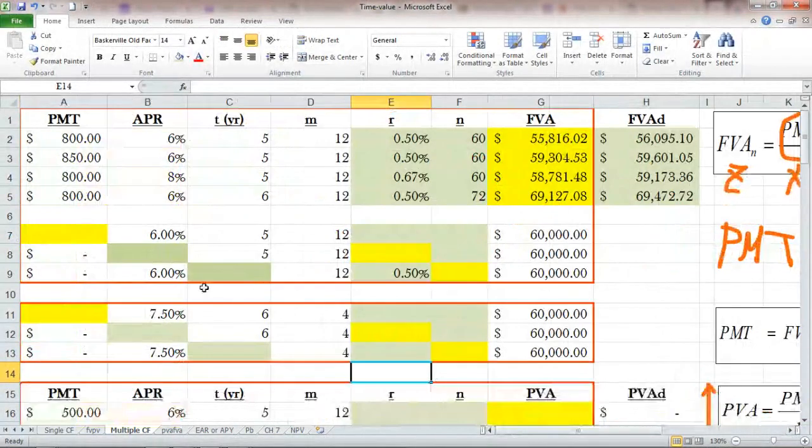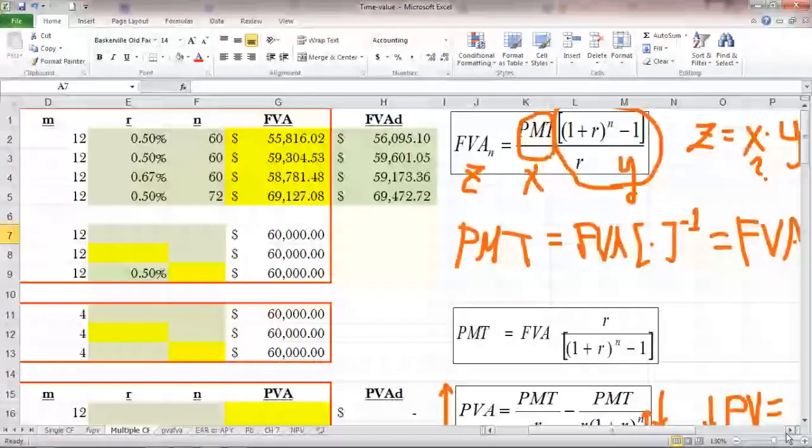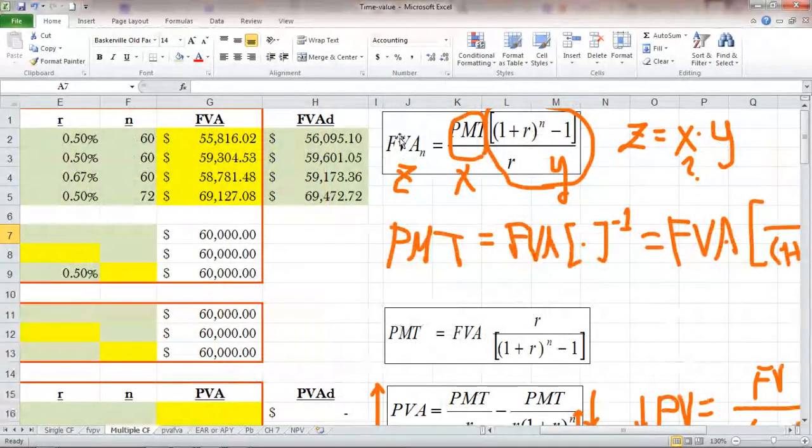Okay, so again, our next question was, how do we nail the exact payment? And I've been telling you, this equation is the starting point. No matter how complex any equation may look, the key to solving the equation is identifying the z equals x times y structure.